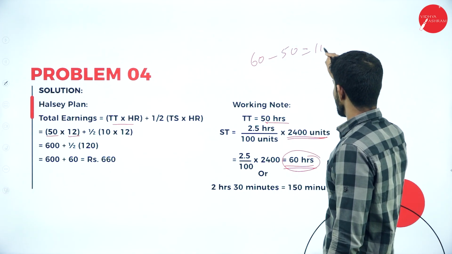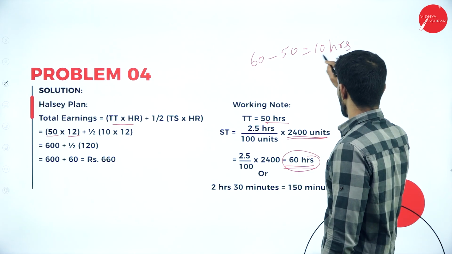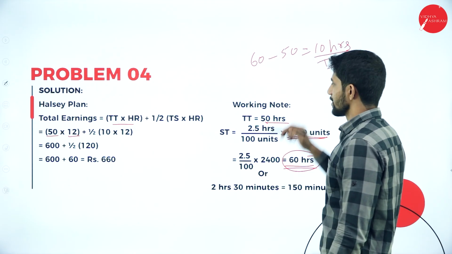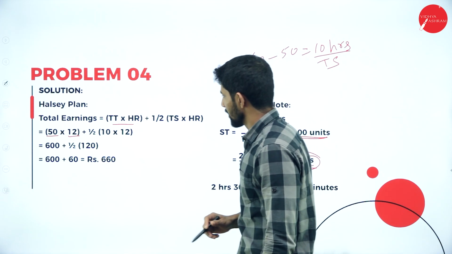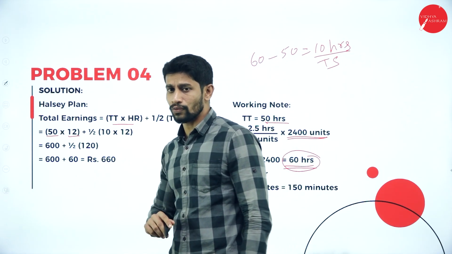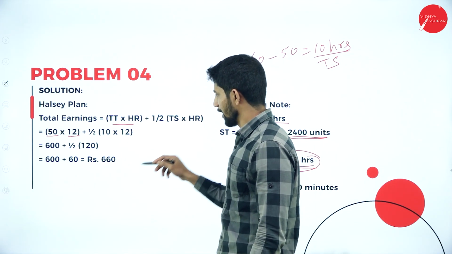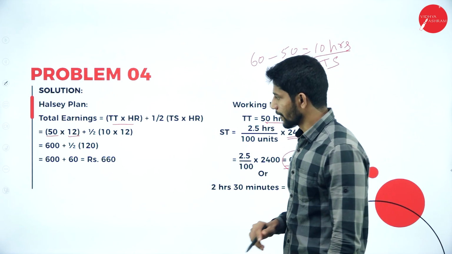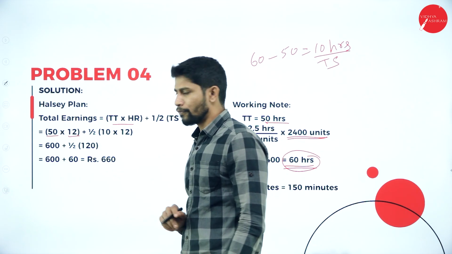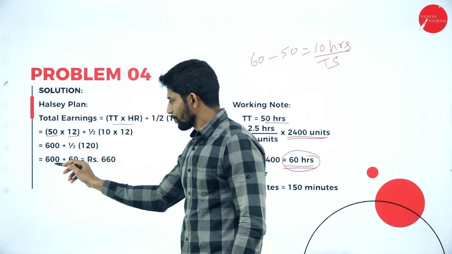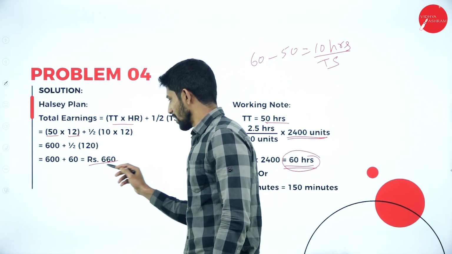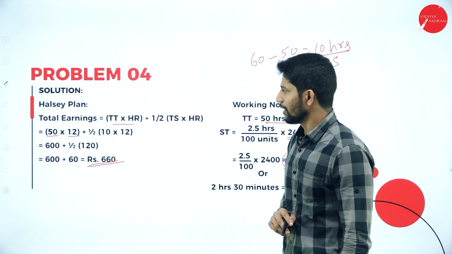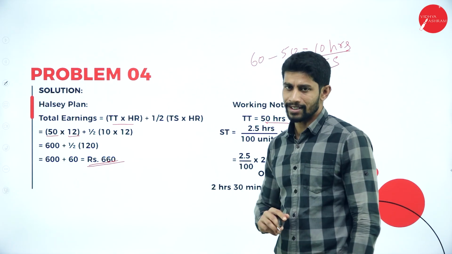So what is the balance? 10 hours. This 10 hours is called time saved. So time taken 50 into 12 per hour, plus half of time saved, 10 hours into 12 per hour. So 600 plus half of 120, so you'll get 60. So 600 plus 60, 660 is the total earning under the Halsey plan.